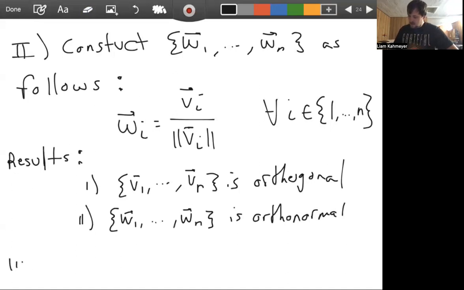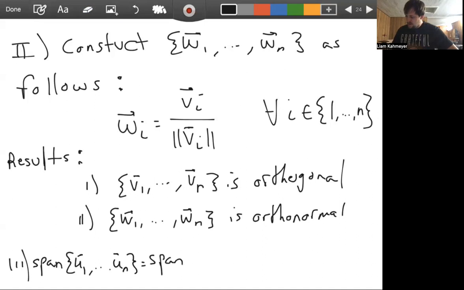And lastly, we have that the span of all three collections of vectors is the same. We also have that the span of U1 through Un is equal to the span of V1 through Vn, which is equal to the span of W1 through Wn.